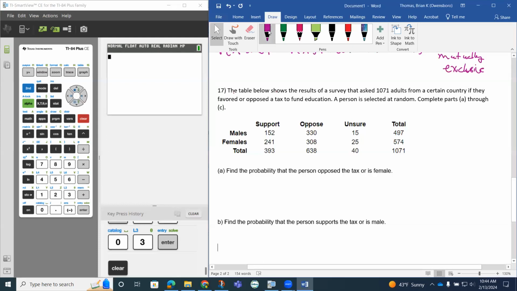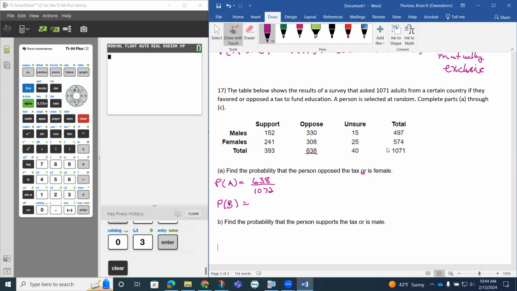Question A says, find the probability that a person opposed the tax or is female. So the probability of A is opposed to the tax. Those who oppose the tax, 638 opposed, and there are 1,071 in that sample. The probability of B is female.